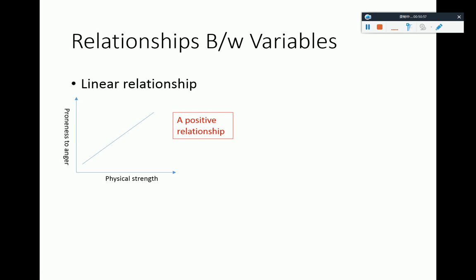And when this line is shooting upward, we say that the two variables have a positive correlation, or variable 1 positively correlates with variable 2, or the correlation between the two variables is positive. Okay?